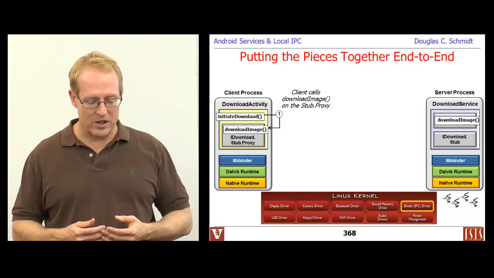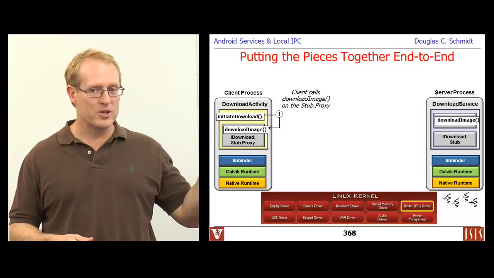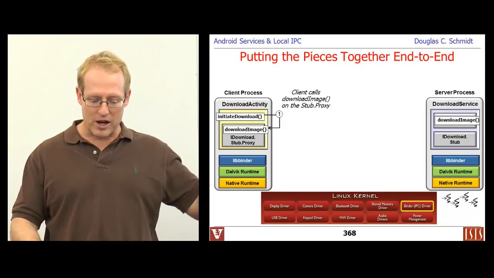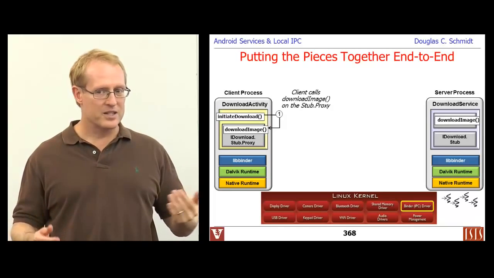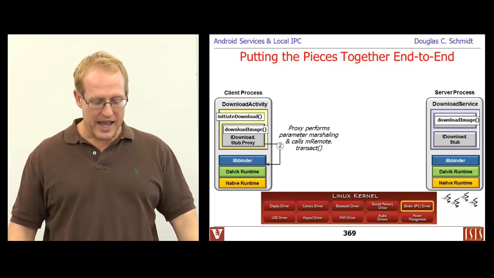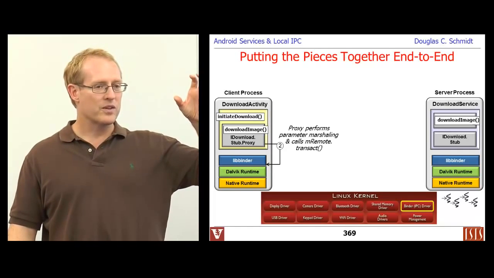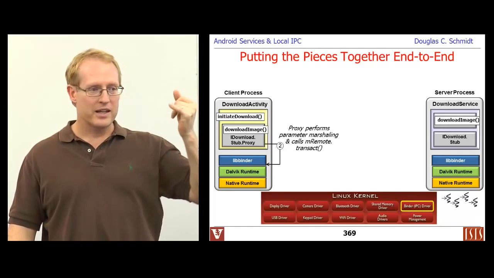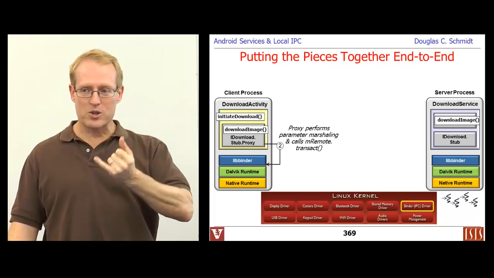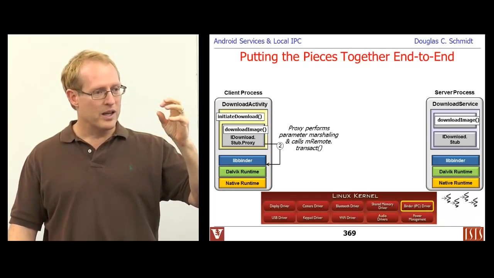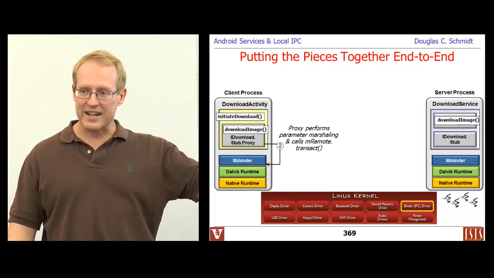The client's going to call downloadImage on the Stub.Proxy. So we've got this proxy, and it's going to say downloadImage. And as we saw, that's going to convert the parameter and the return result into parcels, and those are going to get used to pass to mRemote.transact.